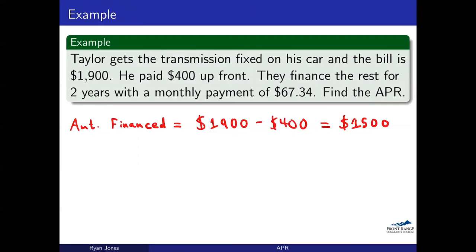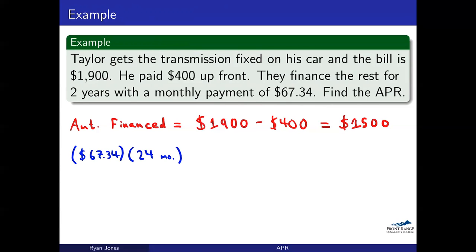So basically, what I can do is figure out how much he paid over the course of this financing. It wouldn't quite be the total installment price because I don't want to include the $400. But let's say $67.34 times 24 months, because it's over 2 years and his monthly payment is $67.34.